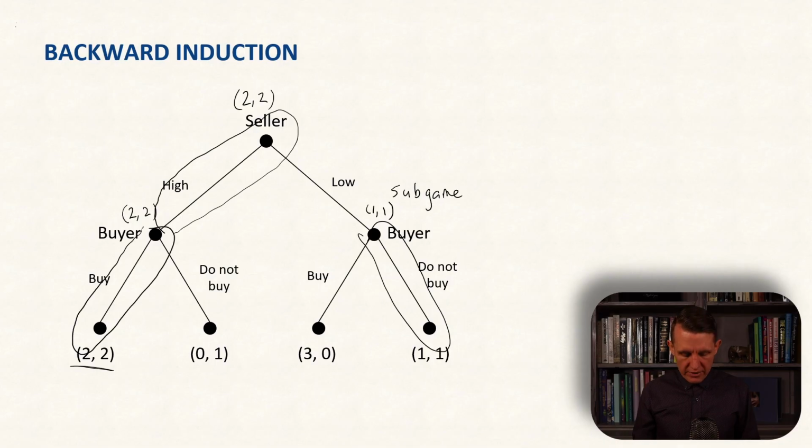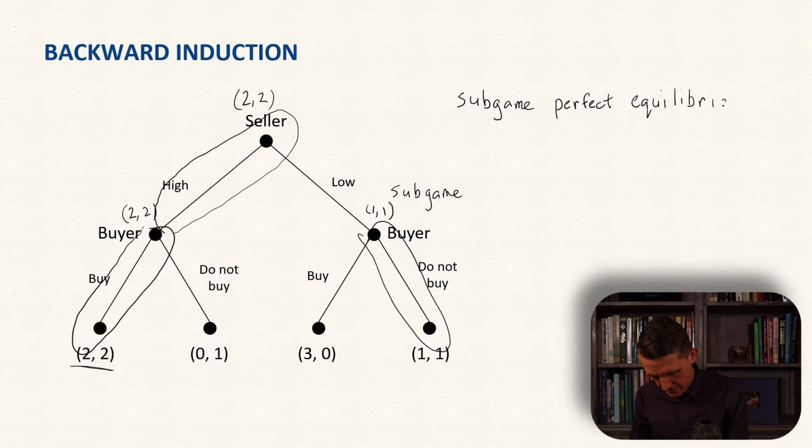A somewhat related concept is the concept known as subgame perfect equilibria, which we abbreviate as just SPE. The subgame perfect equilibria of a game consists of all the strategy profiles for all of the agents, such that for any subgame of that game, the strategy for the player that's playing at that node is the best response for that player.